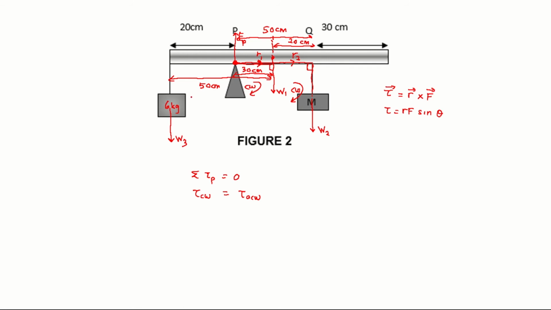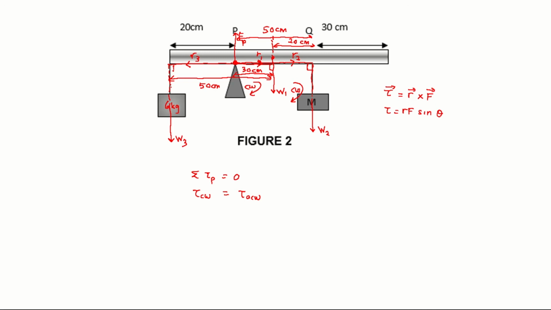Now for the other force, weight 3. From the axis of rotation to where force weight 3 is applied, here is the action line for weight 3 and here is R3.